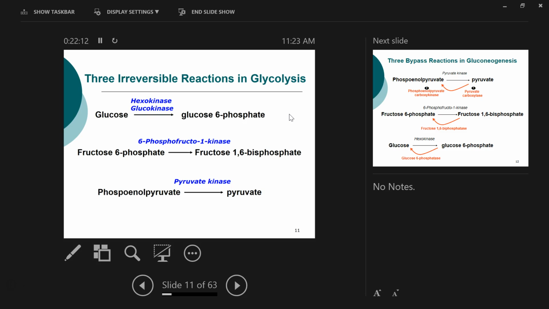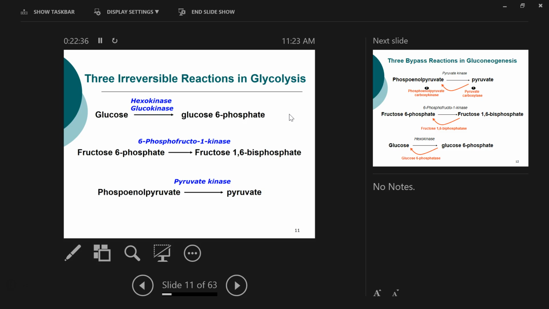That means you can go the opposite direction. But three key reactions in the glycolysis glucose oxidation pathway are irreversible. So that means you cannot go the opposite direction to complete the gluconeogenesis pathway, right?